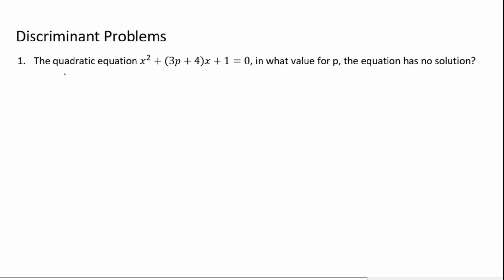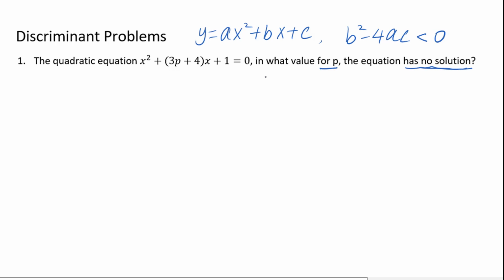Number 1, the quadratic equation x squared plus (3p plus 4)x plus 1 equals 0. For what values of p does the equation have no solution? We know for y equals ax squared plus bx plus c, when b squared minus 4ac is less than 0, there are no real solutions.